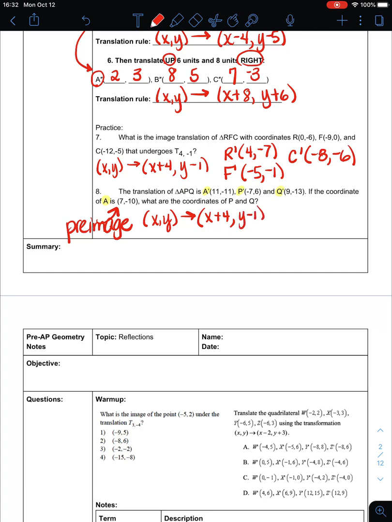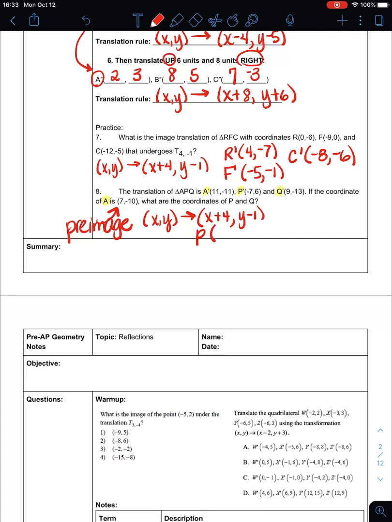So this is the translation that it underwent to end up with that end result of the points that we were given. So my original P then, I need to go the opposite of that. So I need to back up. So I added 4 and subtracted 1 to get from A to A prime. So I would need to subtract 4 and add 1 to get my original P.